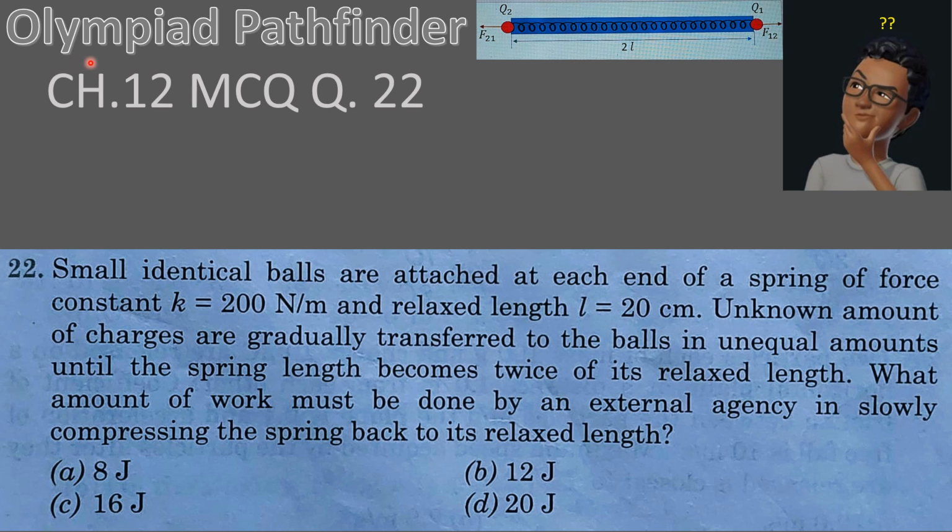This question has been taken from Olympiad Pathfinder, Chapter 12, multiple choice question number 22. The question says, small identical balls are attached at each end of a spring of force constant K equal to 200 Newton per meter and relaxed length L equal to 20 centimeter.